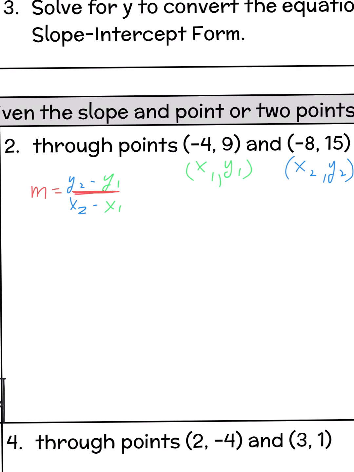So let's fill in the blanks. So m is going to equal y2, which is 15, minus y1, which is 9, over x2, which is negative 8, minus a negative 4.